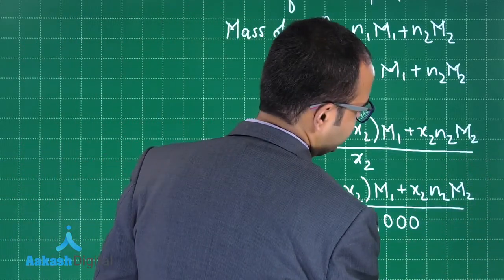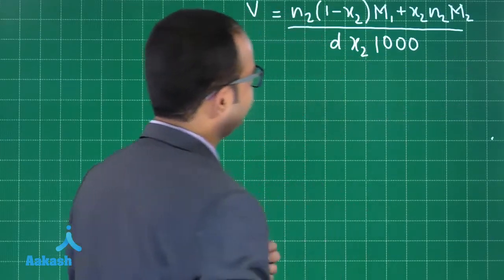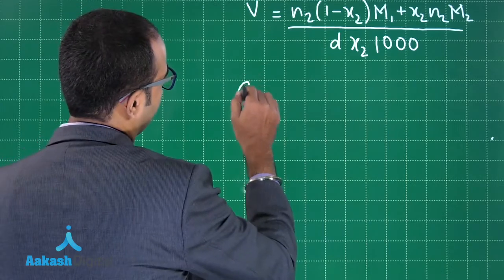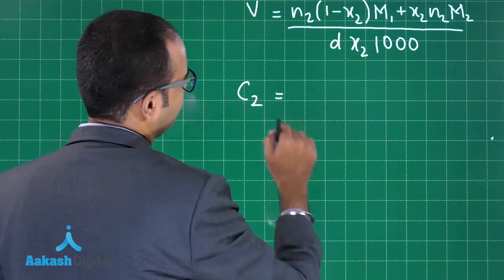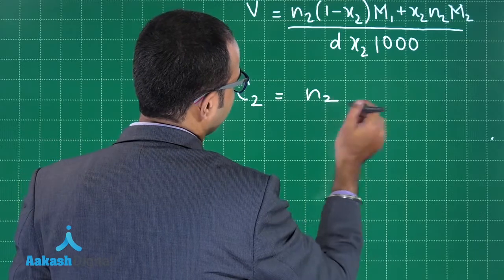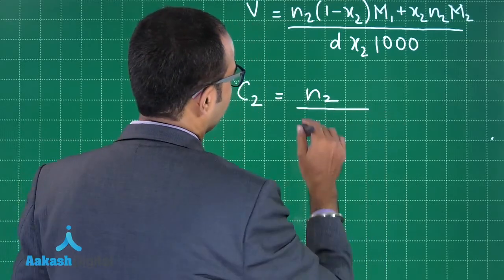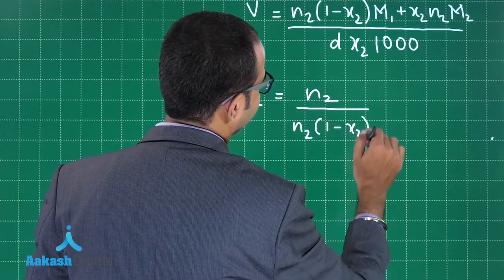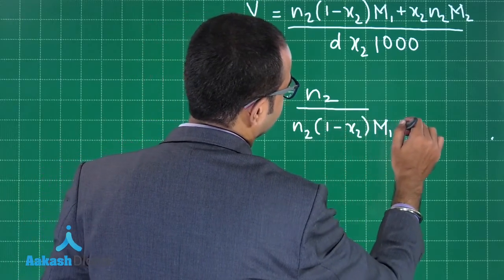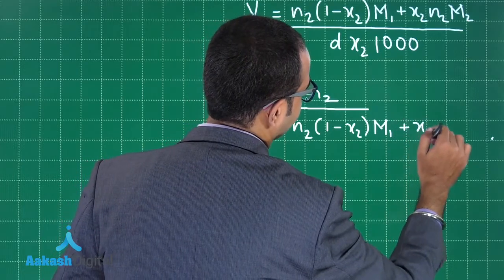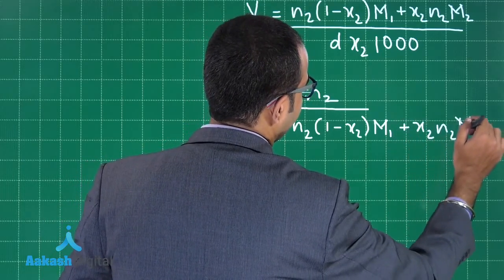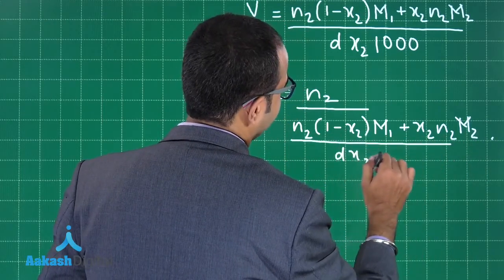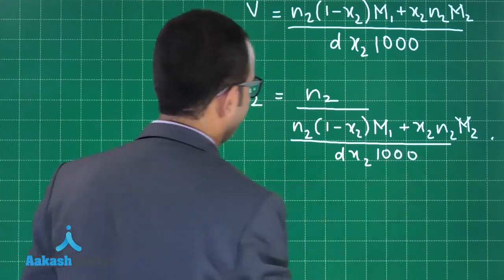Now what we can do is we can calculate the concentration. How do we go for it? Concentration of 2 will be equal to number of moles of 2 divided by the volume. So this is your volume, guys. You have to be a little patient about it, because one mistake here and there and your answer can go wrong, right?